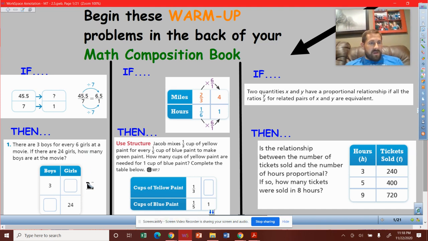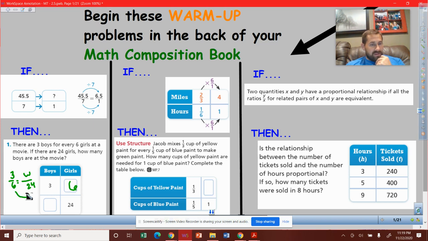Sorry, Moby doesn't want to respond very well. So here it says there are 3 boys for every 6 girls. So for 3 boys, there's going to be 6 girls at the movie. If there are 24 girls, how many boys are there going to be at the movie? So what we're doing is 3 over 6 equals what number over 24? Well, do you see a pattern?